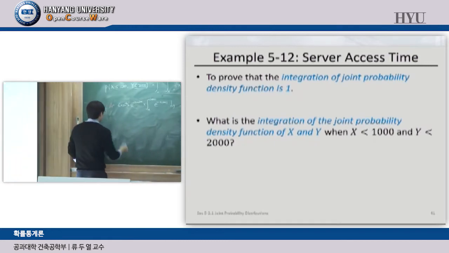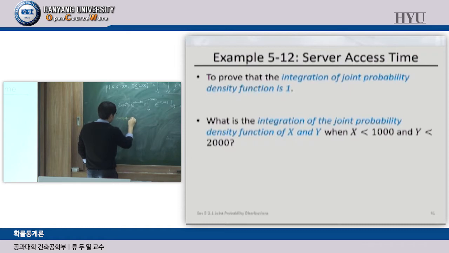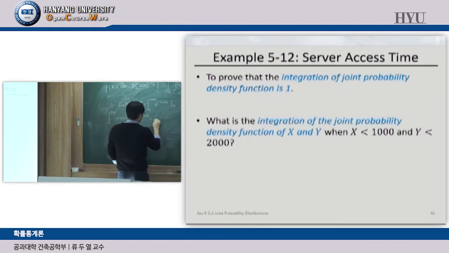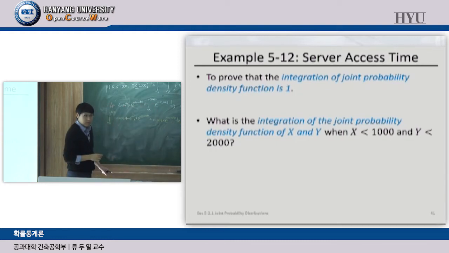So we have to calculate the integration from 0 to 1000 of 0.003 by minus e to the minus 4 by exponential minus 0.001x plus 0.003 by exponential minus 0.003x dx. Okay?